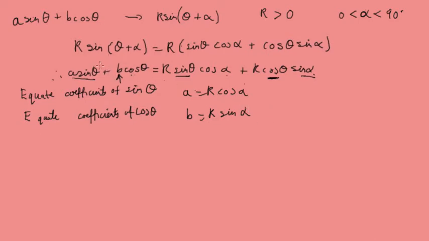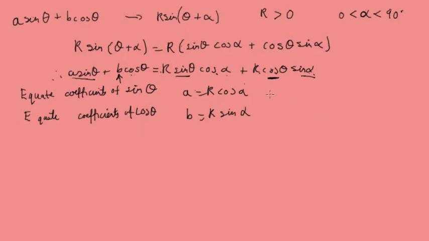Just to make that clear because I messed it up, we've got this expression a sine theta plus b cosine theta, and we want it in this form. We've taken this form and applied our compound angle formula and got this, and now we're just equating coefficients. So a must be equal to r cosine alpha, and b must be equal to r sine alpha.